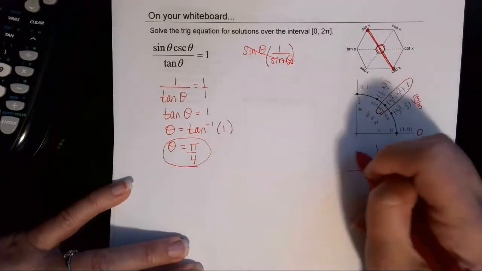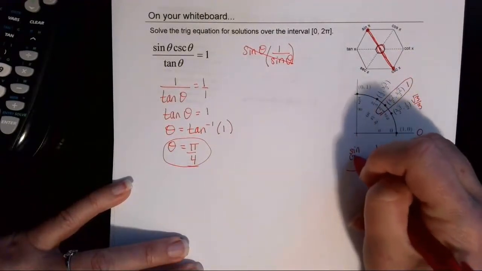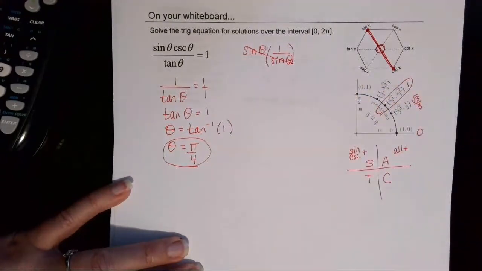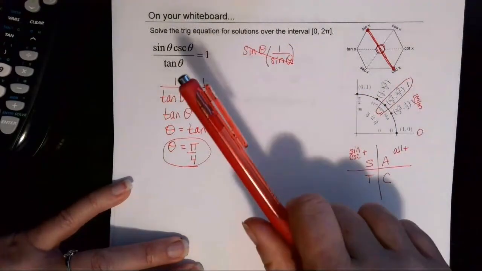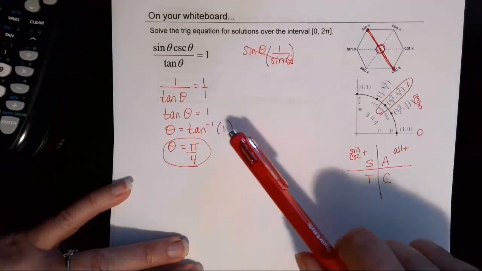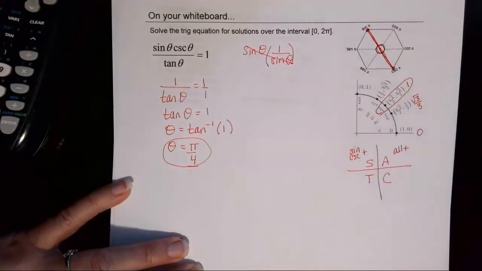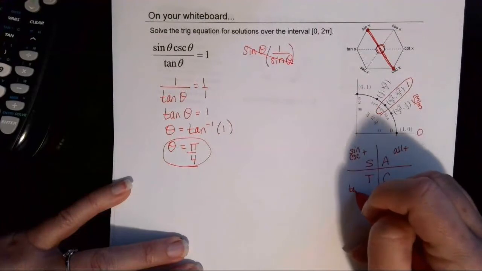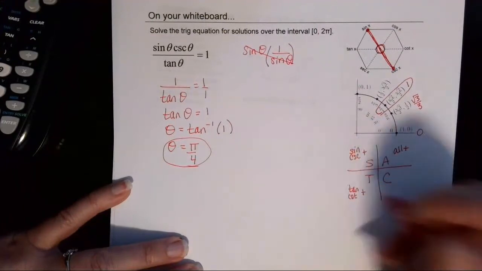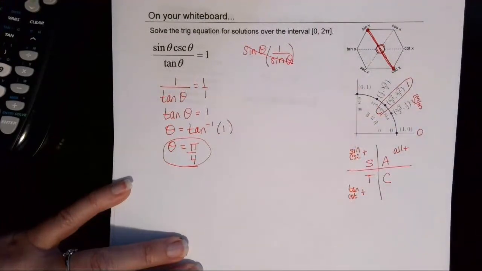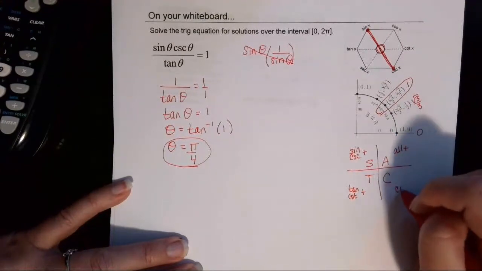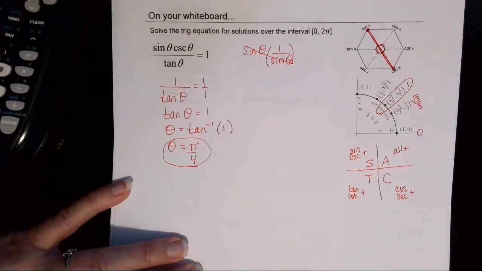The S means that sine and its reciprocal cosecant are positive in quadrant 2. We're looking for where tangent is positive. T in quadrant 3 reminds us that tangent and its reciprocal cotangent are positive in quadrant 3. And then the C reminds us that cosine and its reciprocal secant are positive in quadrant 4.